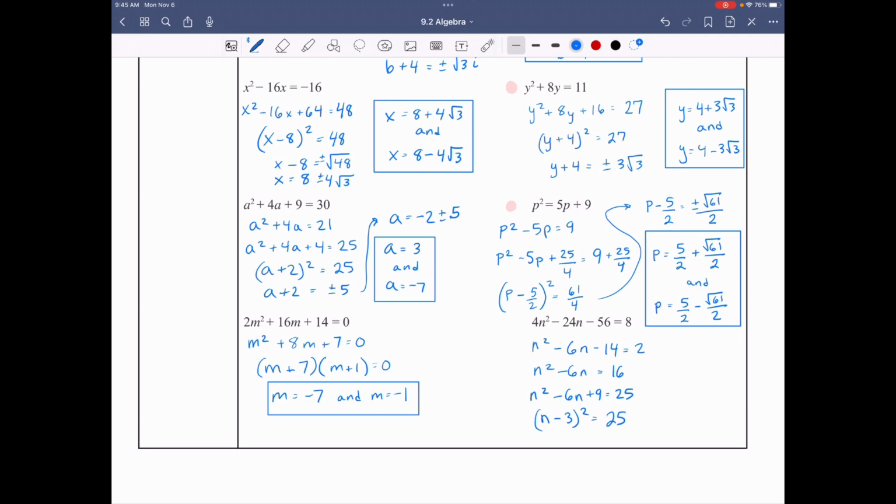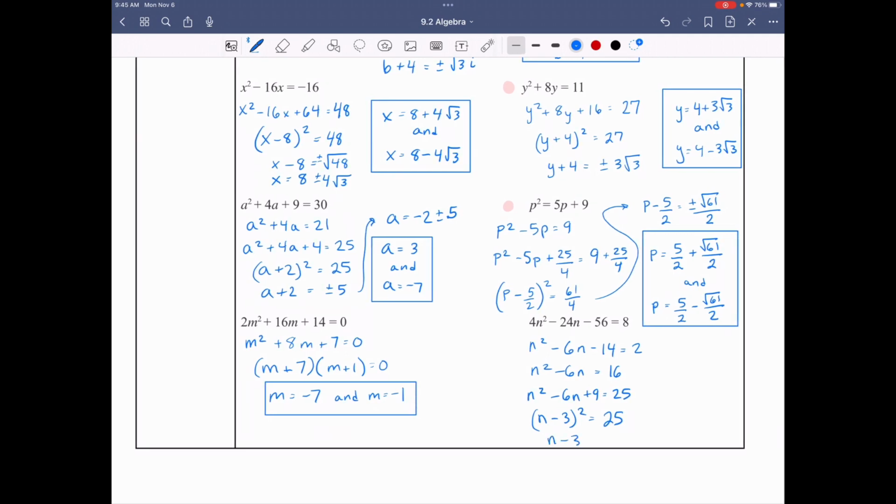Taking the square root of each side gives us n minus 3 is equal to plus or minus 5. Add 3 to both sides, and you get n is equal to 3 plus 5, which is equal to 8, and n is equal to 3 minus 5, which is equal to negative 2. So those are our two solutions.